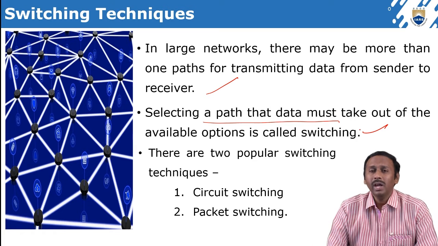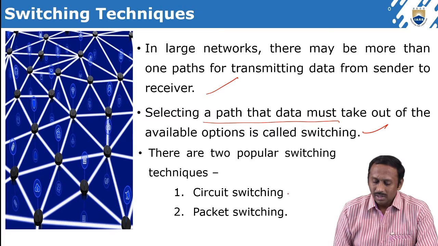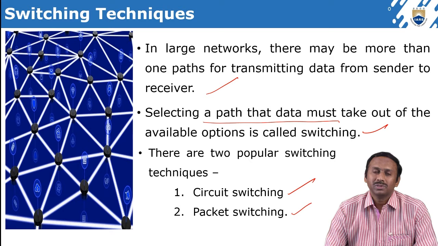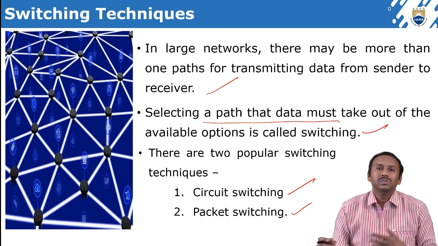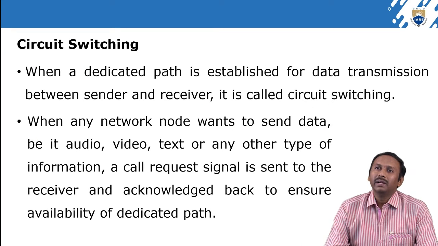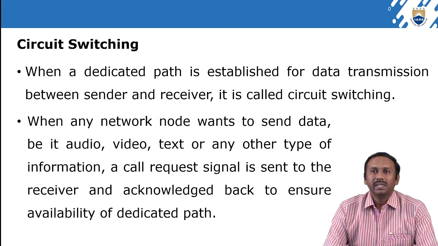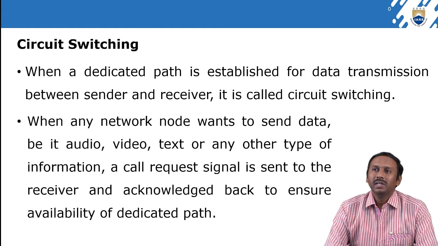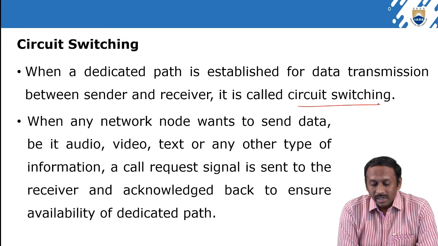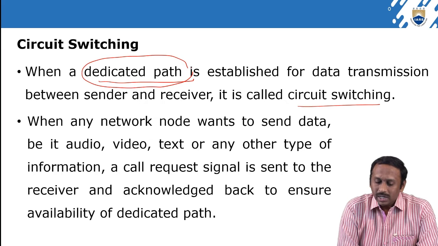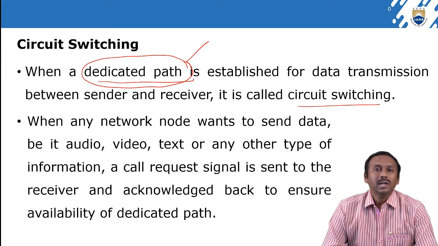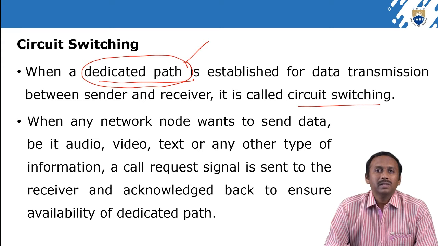Here we have two types of switching. One is called circuit switching, another is called packet switching. So what is circuit switching, and what is packet switching? How does the data flow take place in each? In circuit switching, when a dedicated path is established for data transmission between sender and receiver, it is called circuit switching. Whenever you see the terminology dedicated path, you must understand that a physical path is established.